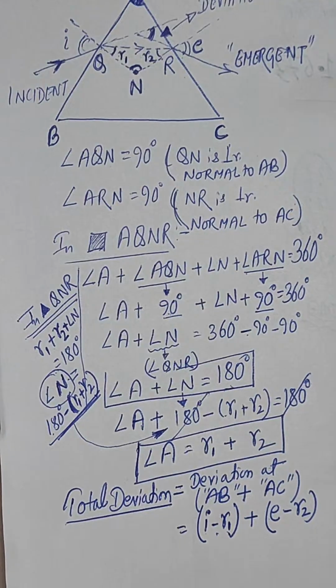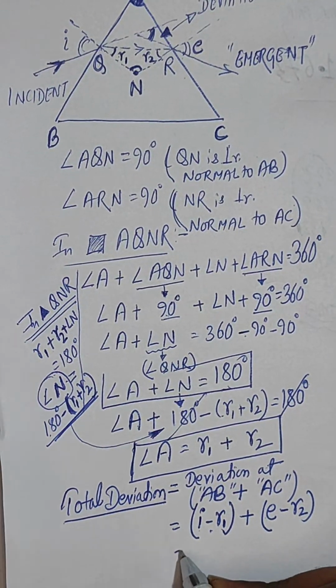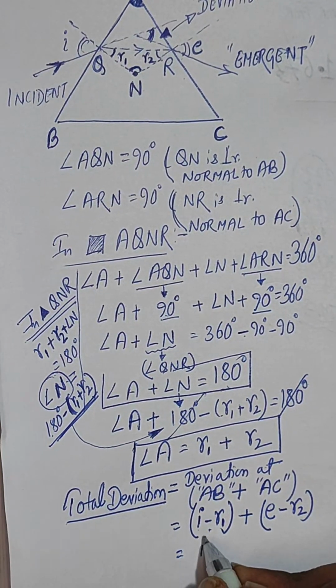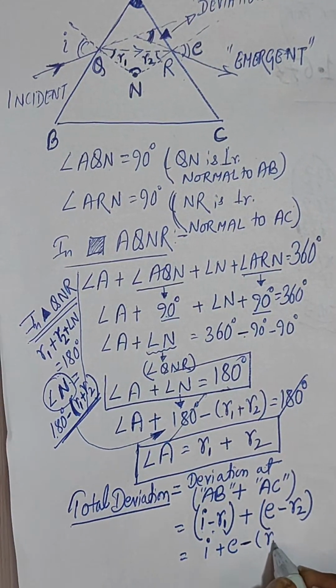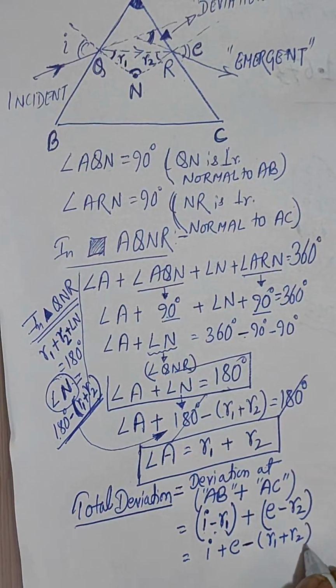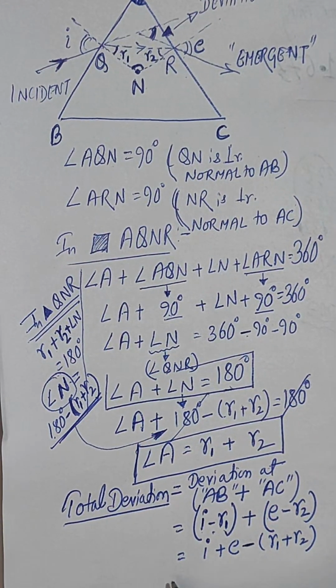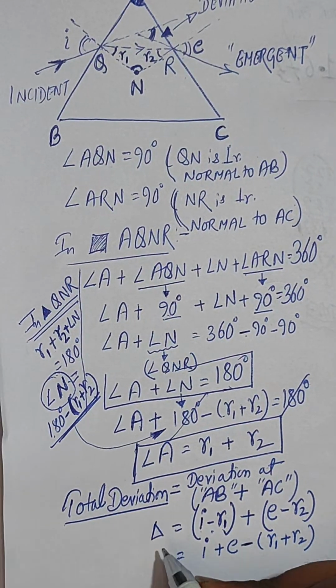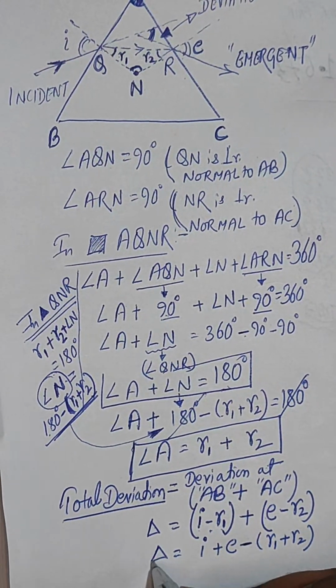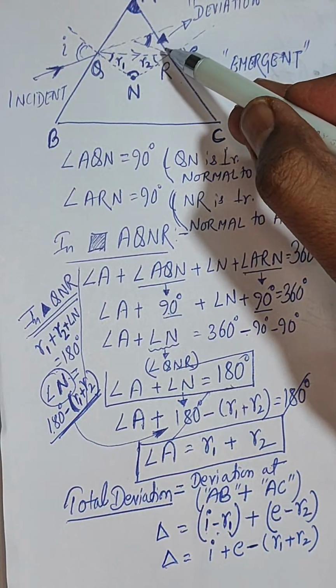So we can say that I plus E minus R1 plus R2 is the total deviation, which is equal to delta. This is the deviation, right?